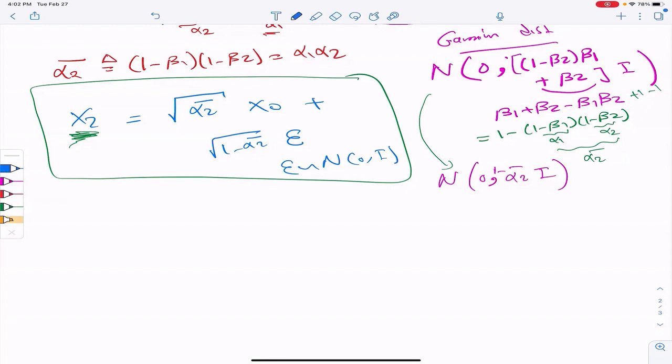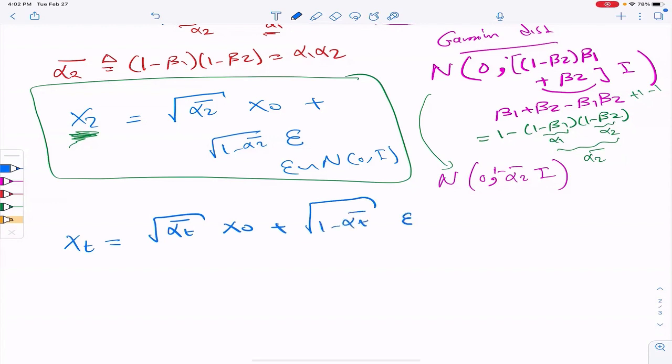So in general, at time t, you can generate your samples by combining a scaled down version of x0 plus the square root of 1 minus alpha t bar times noise, and noise is distributed according to a normal distribution. Just to be complete here, what is alpha t bar?